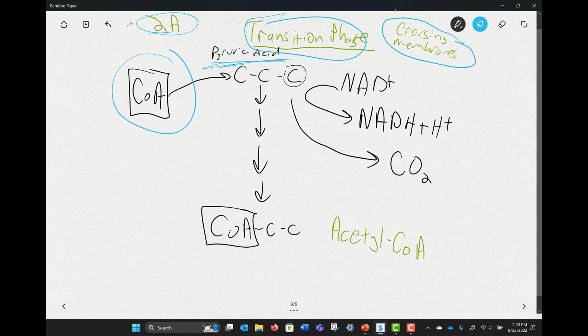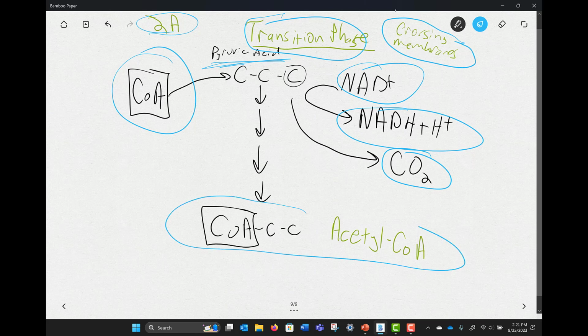A molecule of coenzyme A attaches itself to the molecule to hold it together, to act as a chaperone. A molecule of NAD+ comes along, strips some electrons and some protons, and becomes NADH plus H+. We lose a molecule of carbon dioxide, CO2, as waste. And as we are crossing that inner mitochondrial membrane, we are left with a molecule of acetyl CoA.